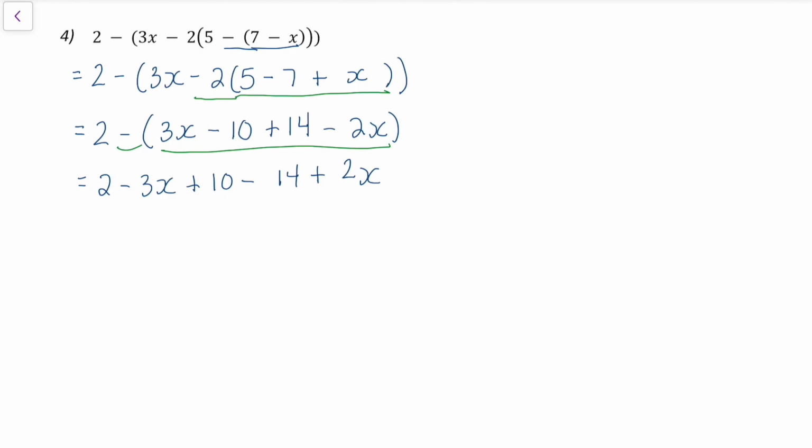I have a 2 that's on its own, a 10, and a minus 14. They all don't have any sort of letter next to them, so I can combine them together. So 2 plus 10 minus 14 is going to be -2. And then I have this minus 3x and this plus 2x. Gets me a minus x all together.